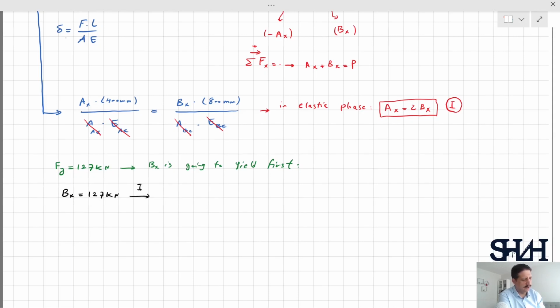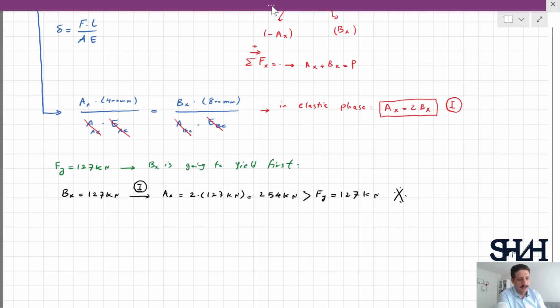And from equation 1, AX will be 2 times 127 kilonewton, which is 254 kilonewton. And this is beyond the yielding force. It is greater than Fy of the element, which is 127 kilonewton. So this is not happening. As a result, our initial assumption is not correct.